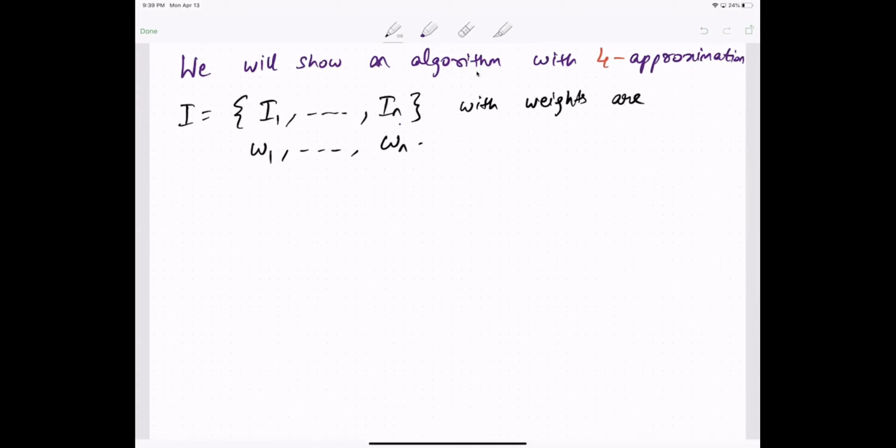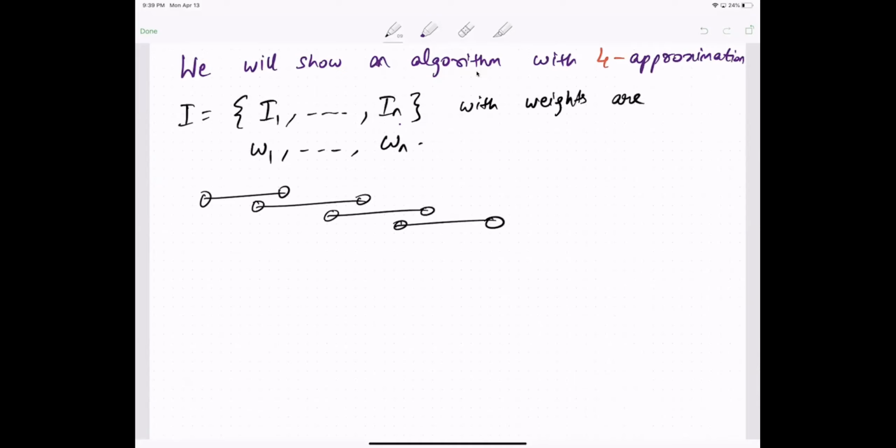So let me just draw a figure as well here. These are the two endpoints of this interval. For the sake of simplicity, let's assume that all the endpoints have a unique x coordinate. In the sense, no two endpoints are coinciding, just for simplicity.